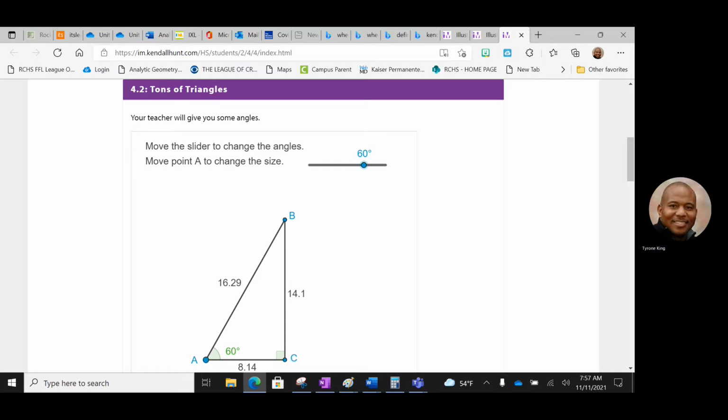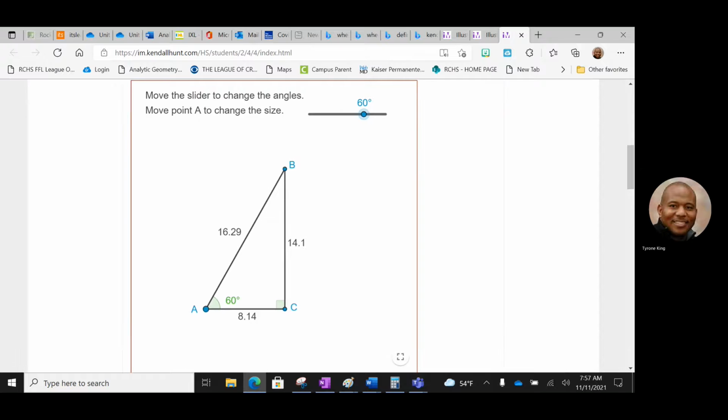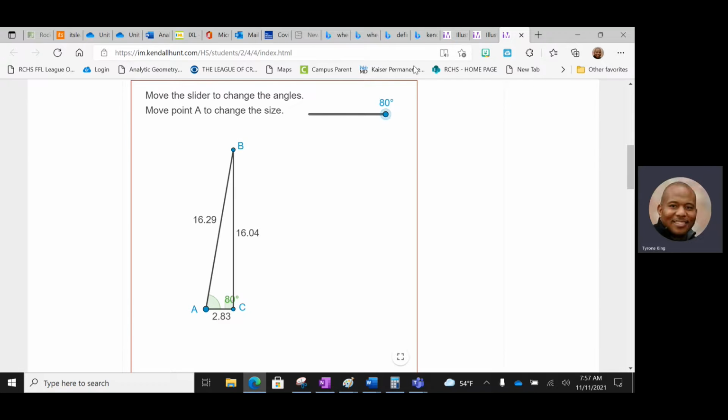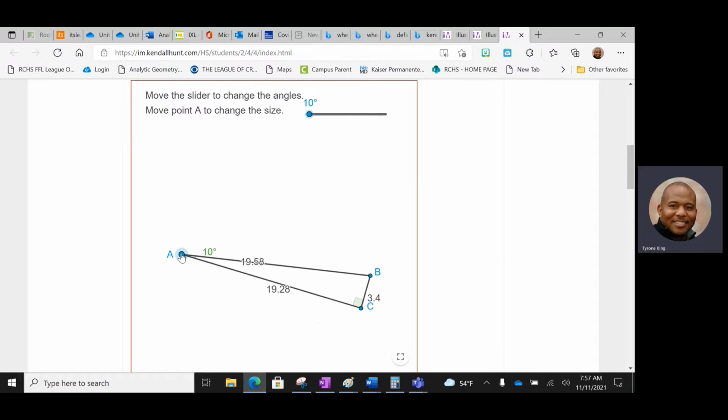What they want you to do is go through each angle, click on A, and stretch it to however long you want. I'll just leave it right here.